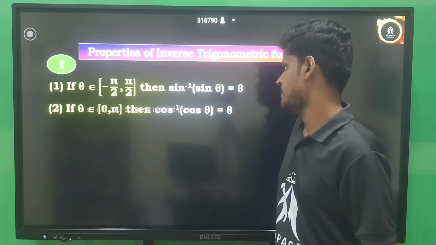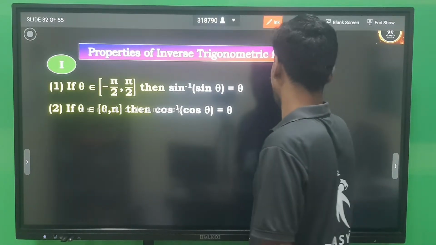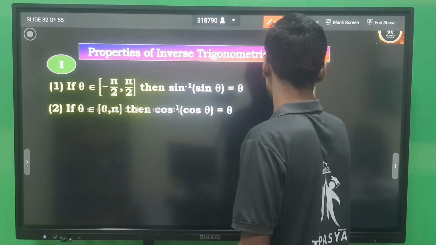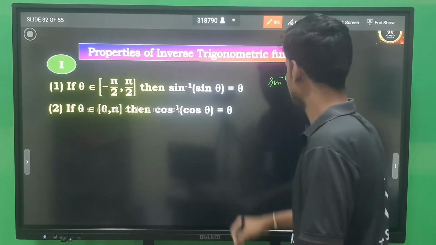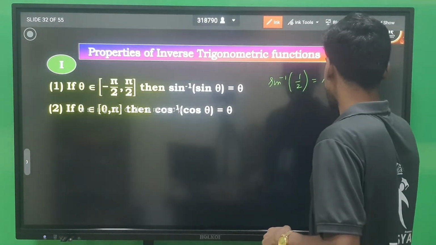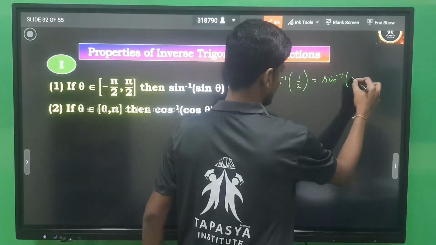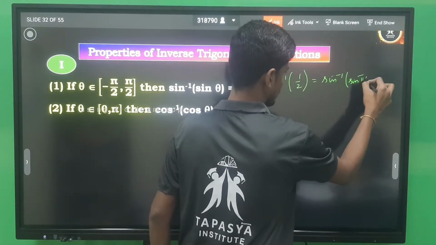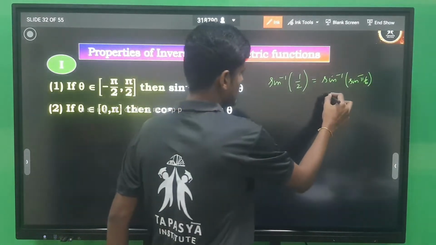For example, what is sin inverse of 1 by 2? We can write sin inverse of 1 by 2 as sin inverse of sin 30 degrees. If we write it like this, answer is 30.